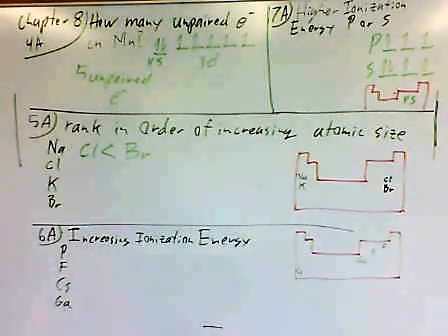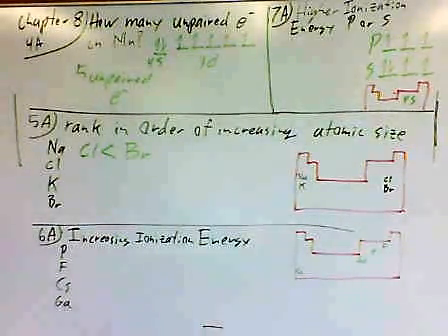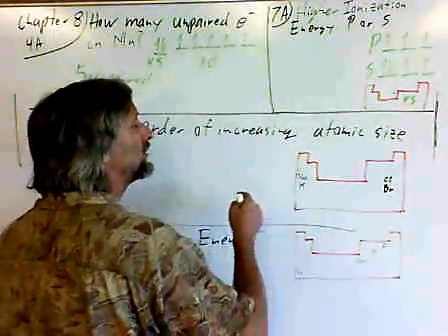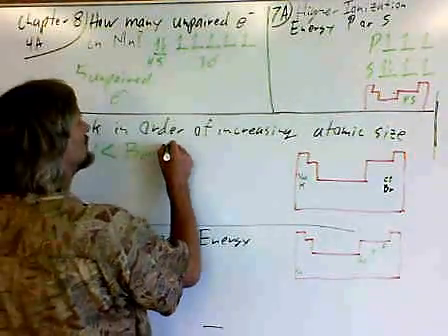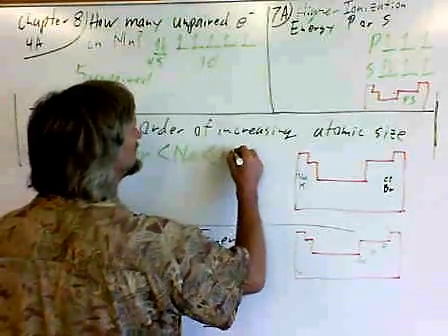Then we go toward the left side of the periodic table, where we're going to look at our alkali metals. Of course, we're going to pick sodium, period 3, over potassium. So sodium will be next in size, and then potassium will be the largest.